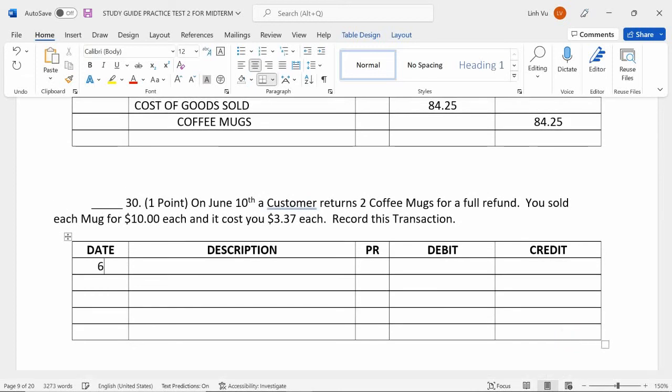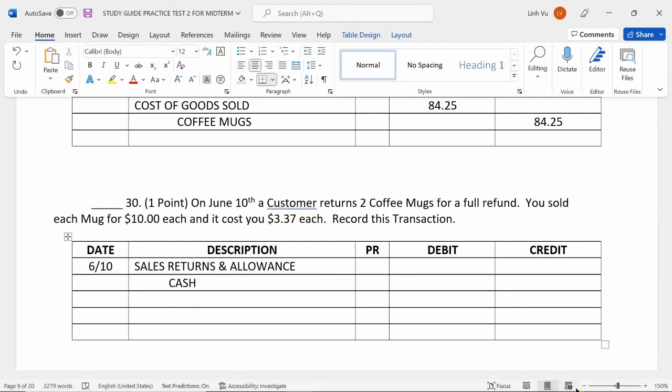So on June 10, you're going to recognize sales returns and allowances, because the customer's returning the product and you're going to give them back cash.